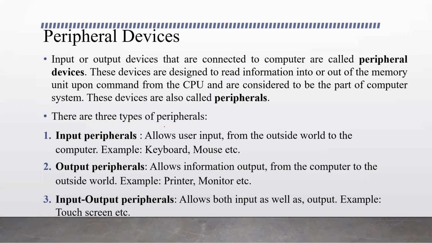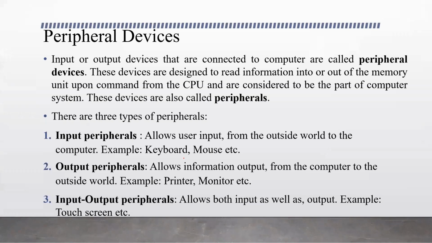There are three types of peripherals. First one is input peripherals. What are input peripherals? These peripherals allow user input from the outside world to the computer. The user can give input to the computer using these input peripherals. Examples: keyboard, through which we press keys and that is entered as the input to the computer.